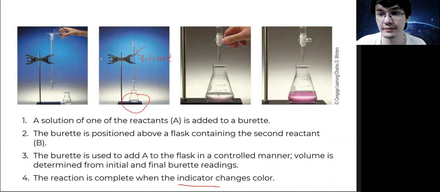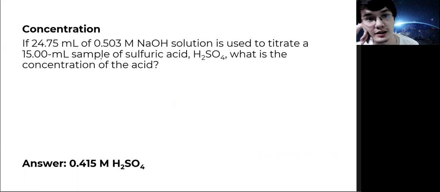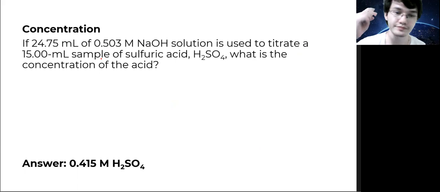So for an example, if 24.75 ml of 0.503 molar sodium hydroxide solution is used to titrate a 15 ml sample of sulfuric acid, what is the concentration of the acid?